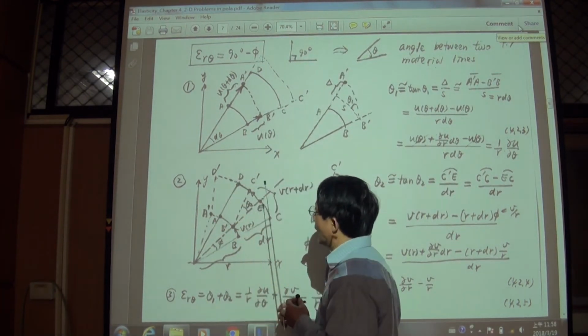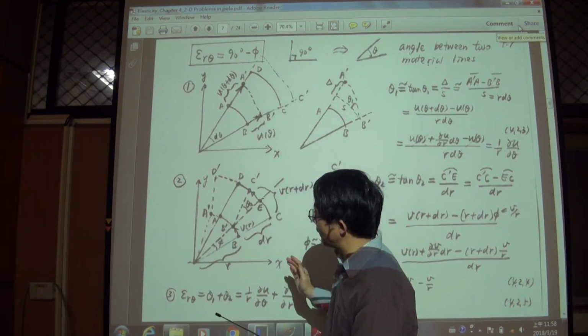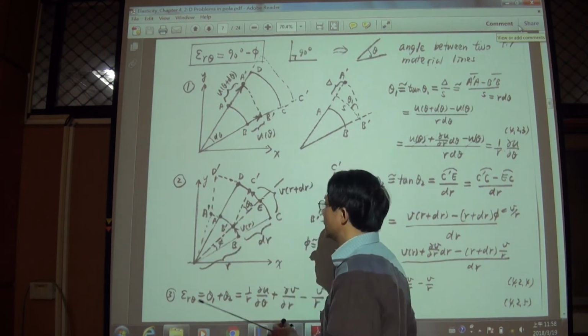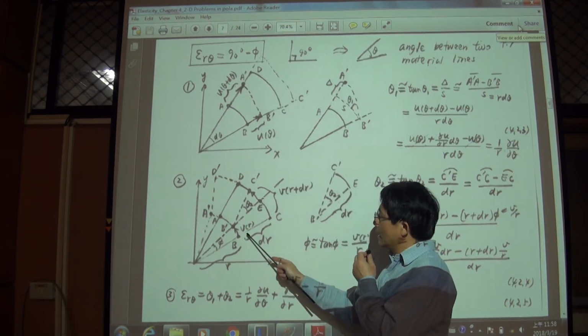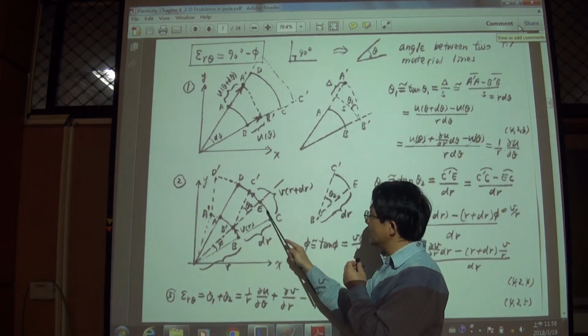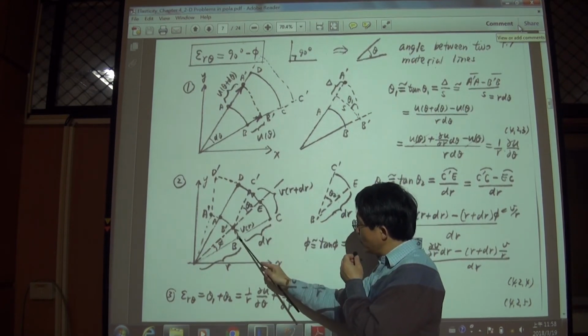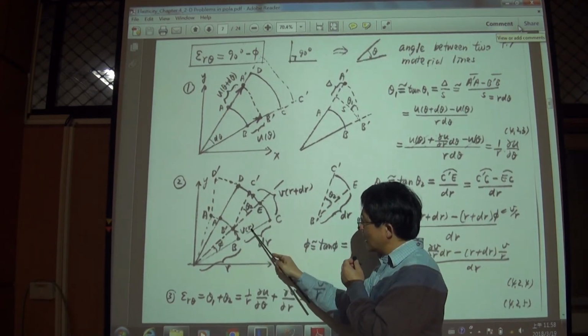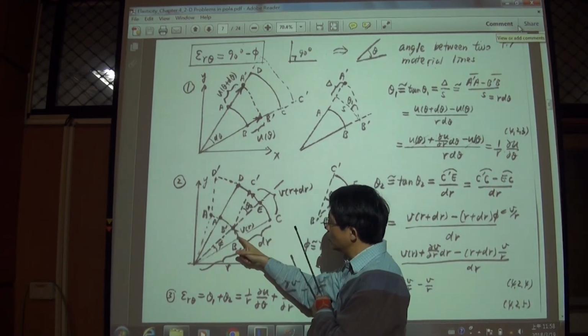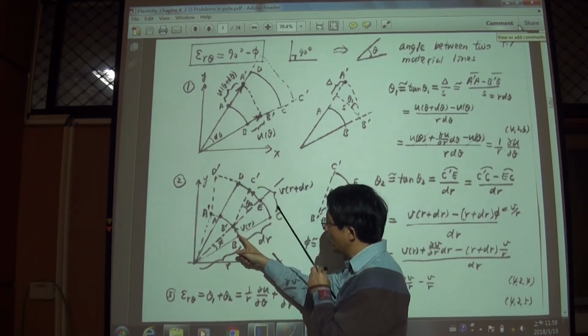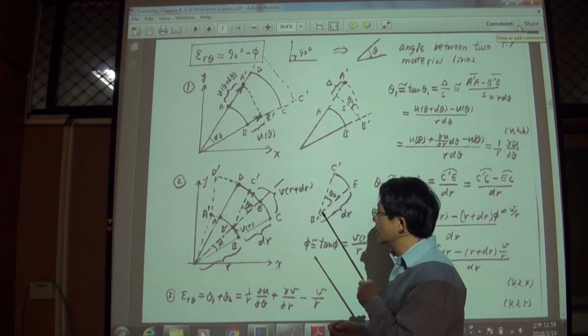Now, how about the displacement in the theta direction? Let us consider the material line again. We have A, B, C, D. If point B has a displacement in the theta direction, it will move from point B to point B'.